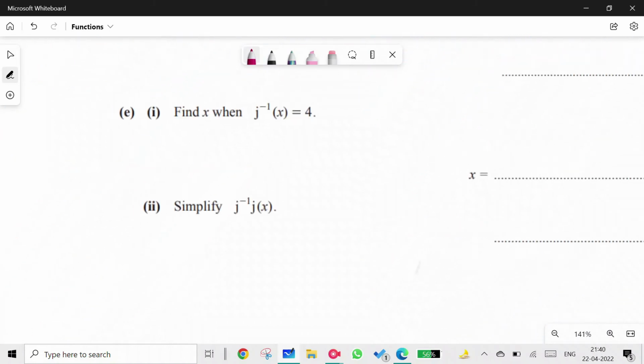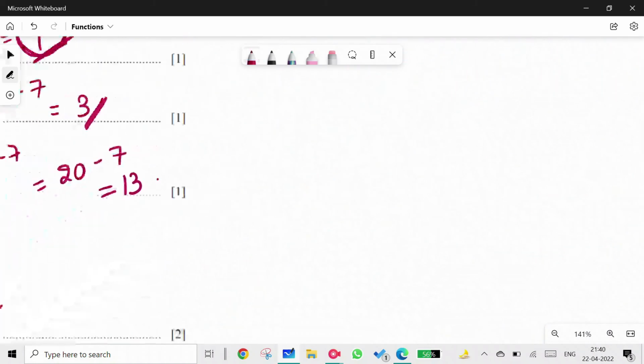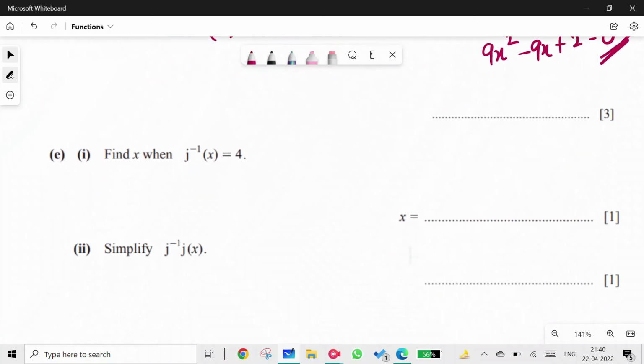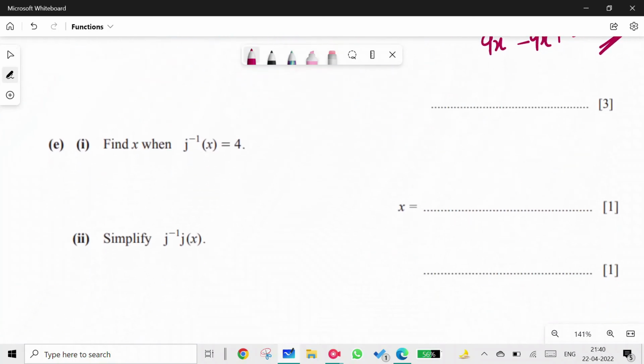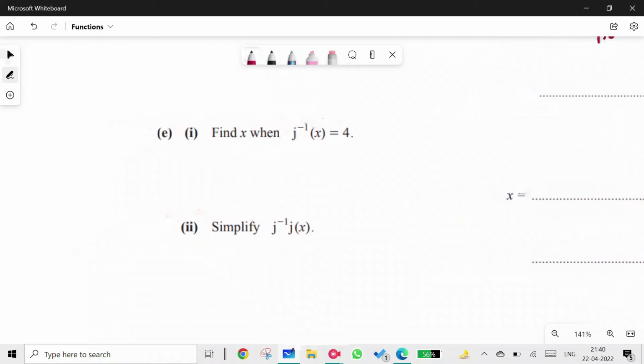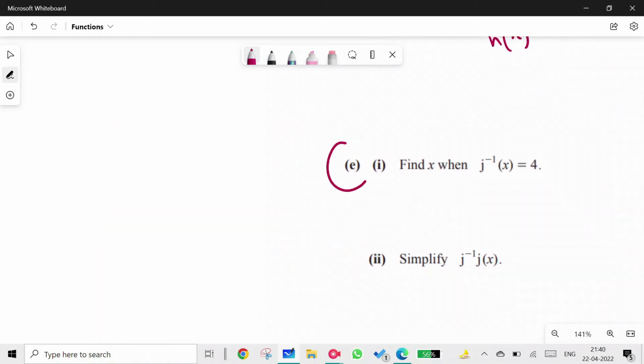Next, find x when j inverse of x is equal to 4. So you just have to find the inverse function of j and equate it to 4. That's what you're supposed to do. So let's try doing that. J of x in the question is given to be 3 power x. Now you first find out the value of j inverse of x.